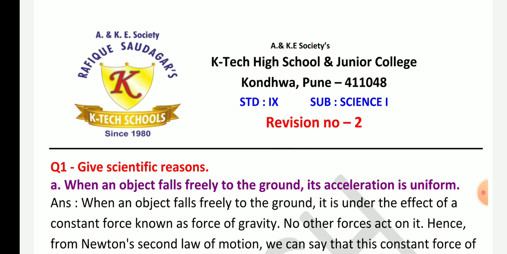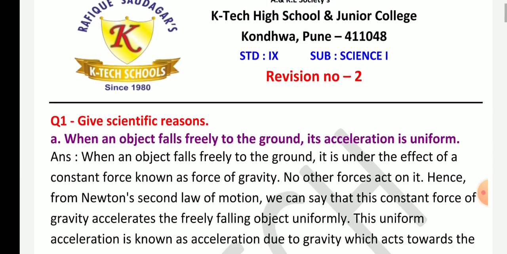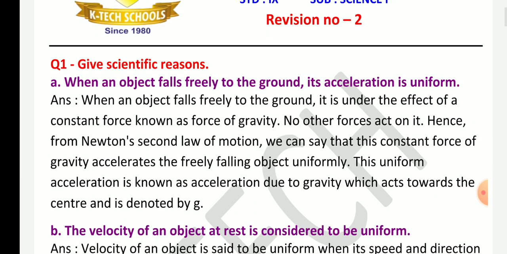Give scientific reason. When an object falls freely to the ground, its acceleration is uniform. Answer. When an object falls freely to the ground, it is under the effect of constant force known as force of gravity. No other forces act on it.